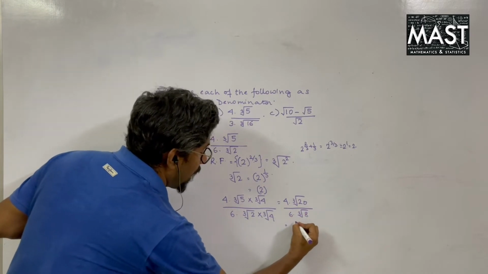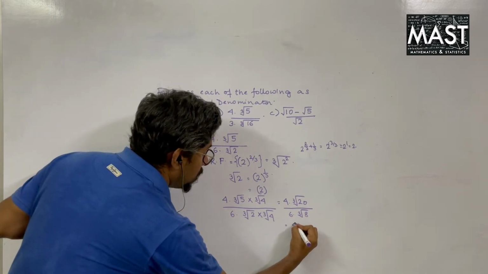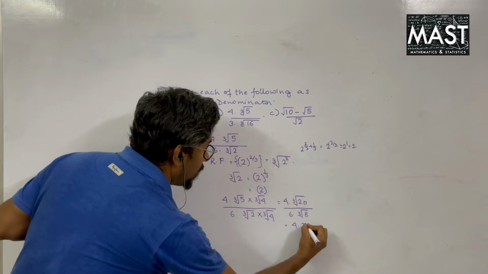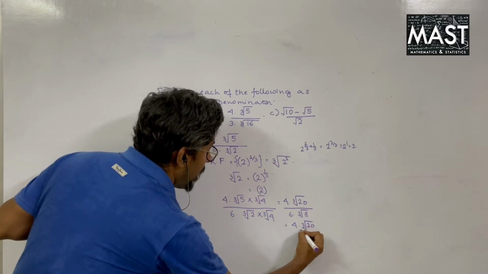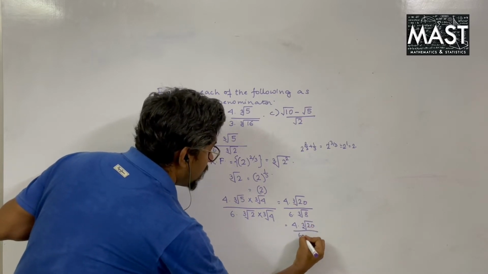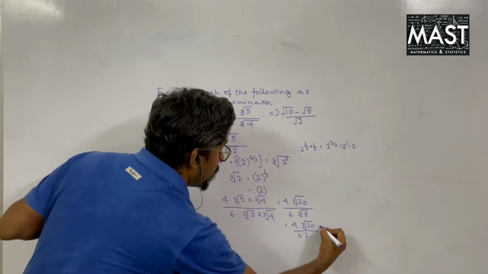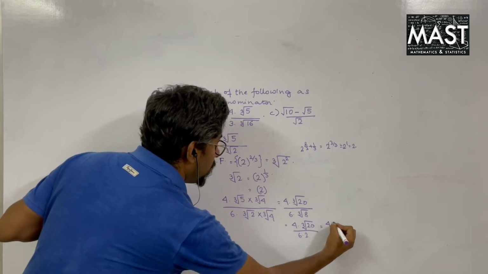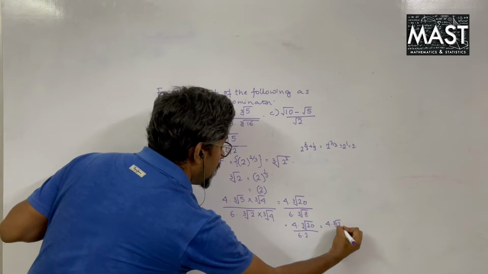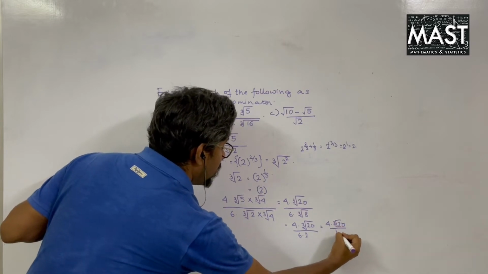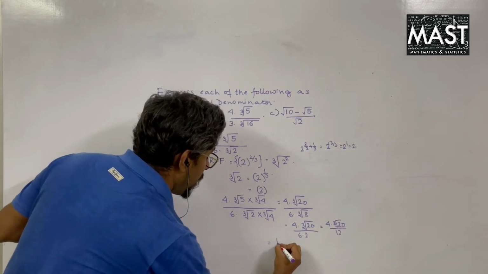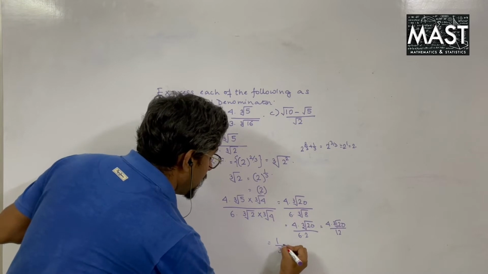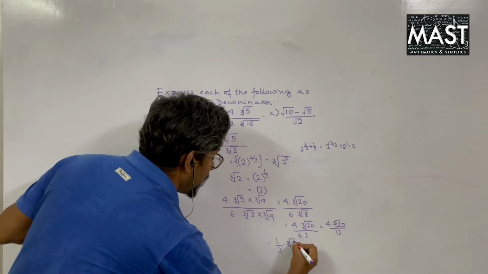Now we know that cube root of 8 is 2, so we will be left with 4 into cube root of 20 by 6 into 2, which is 4 into cube root of 20 by 12, which is 1 by 3 into cube root of 20.